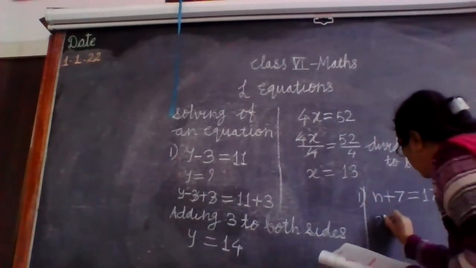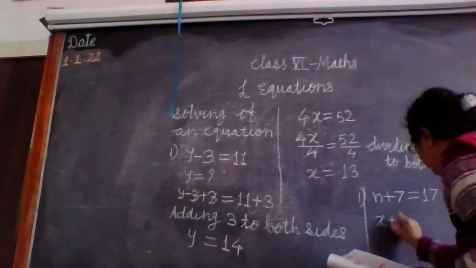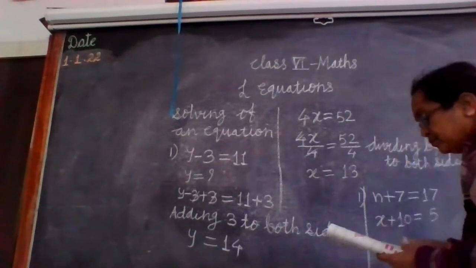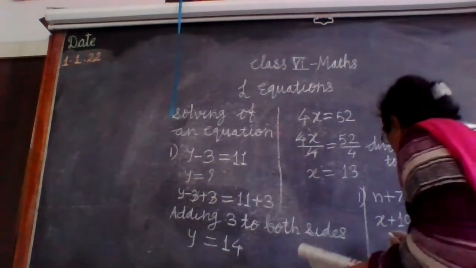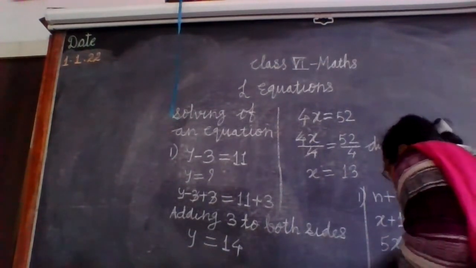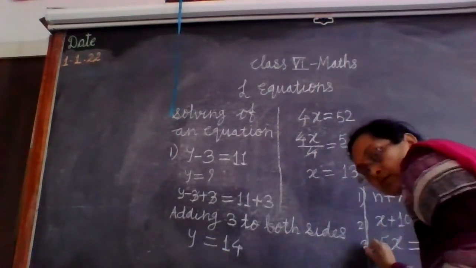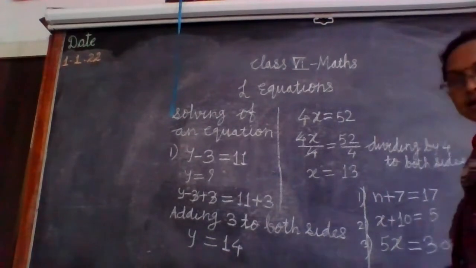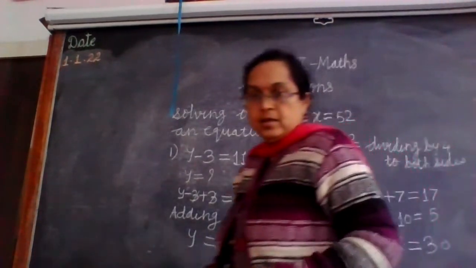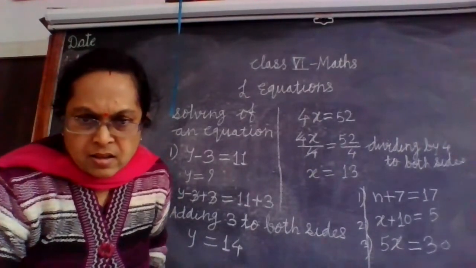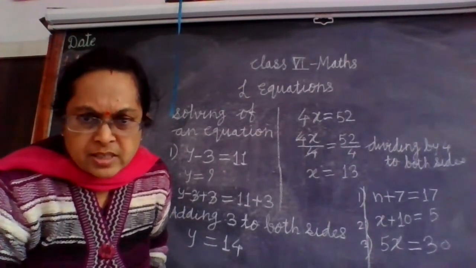And x plus 10 equal to 5, or 5x equal to 30. These are the 3 examples you can try. Let us see what solution we get in your next class.